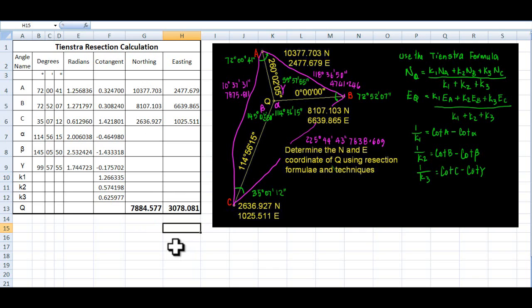Now that would be quite handy, because where you've observed more than 3 stations, that will give you a number of combinations of 3, and each one will give you a solution for Q, which, provided they're all within acceptable limits, you can take the mean value of, and get a good value for Q to start your survey off on.